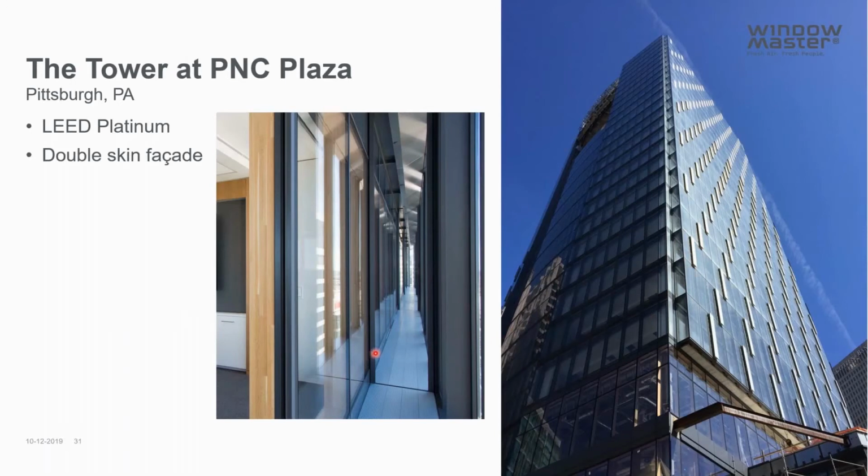On the inner part of the double skin facade, you have operable vents that allow the fresh air from the double skin facade to be supplied to the occupied spaces. Another great feature of this double skin facade is that it can be used as an artificial outdoor space, where the employees of PNC can go enjoy a cup of coffee and so on.